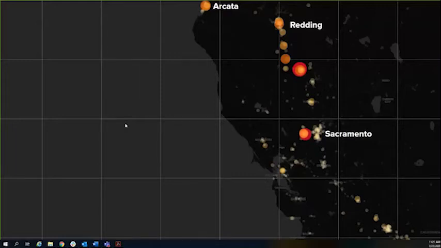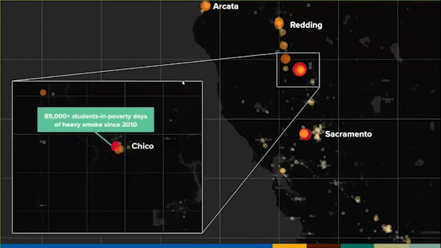The way that we defined community need in this case was defined by the pilot project itself. The pilot project was targeting schools, and we said, okay, where's there an overlap of exposure and low-income schools, for example? And so not only were we able to describe the cumulative burden of a decade of wildfire smoke exposure, but we began to isolate the parts of the state where we had not only concentrations of wildfire smoke exposure over a decade, but also concentrations of school-aged poverty.